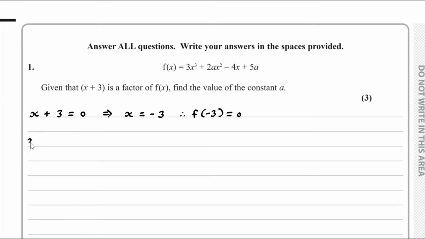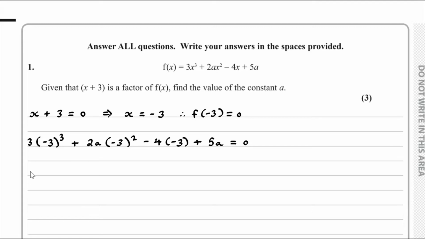So we have 3 lots of minus 3 cubed plus 2a lots of minus 3 squared minus 4 lots of minus 3 plus 5a. This is all equal to 0.